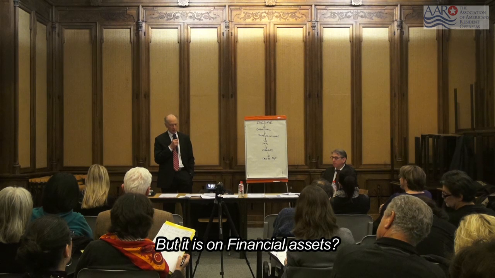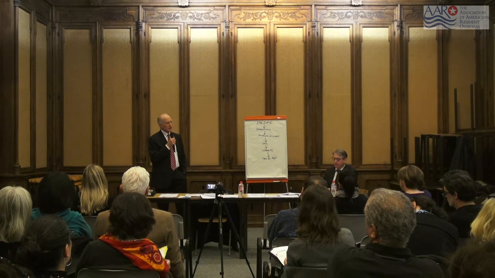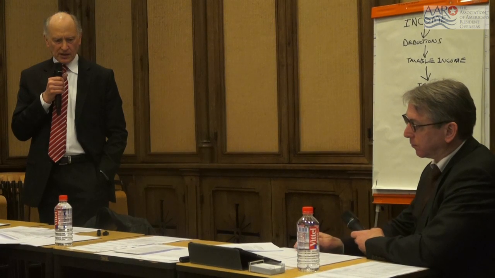But it is on financial assets? Well, you can deduct expenses which are necessary for holding financial assets, for collecting revenue or protecting financial assets, and in some cases we'll deduct it there.